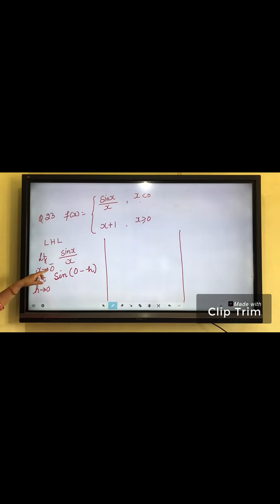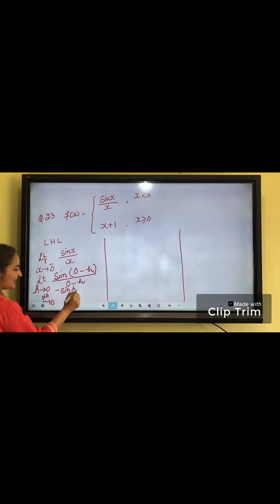If the point is 2, then 2 minus h. The whole is divided by 0 minus h. Limit h approaches 0, sin of minus h means minus sin h upon minus h. The result is equal to 1. This is the left hand limit.